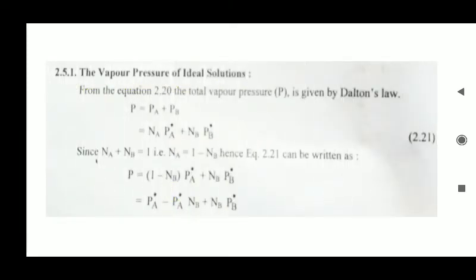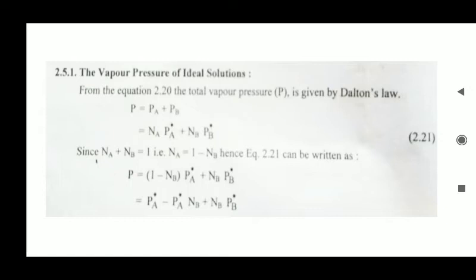Vapor pressure of ideal solution. According to Dalton's law, P is equal to PA plus PB. PA is equal to Na PA star and PB is equal to Nb PB star.